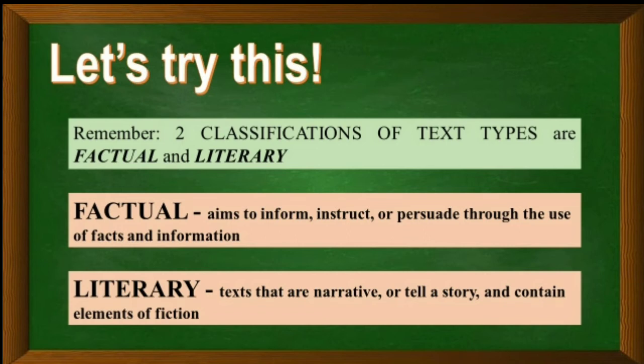And for literary, this is the text that is narrative or tells a story and contains elements of fiction. So therefore, among those 4 text types, we have narrative, which falls into this classification, because remember the definition of narrative text, it narrates or tells a story to the audience or readers of the text.